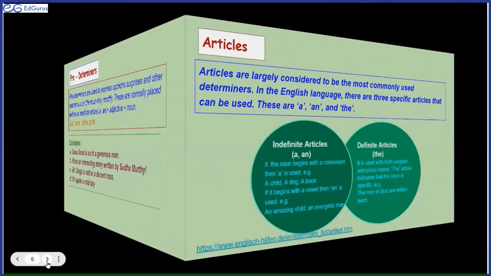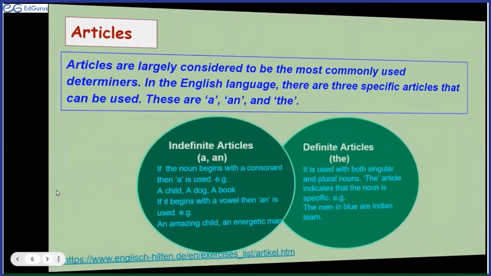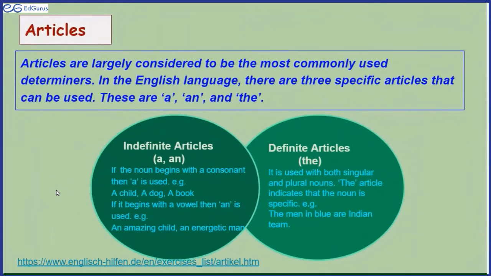Now the next type of determiners are articles. I think you have been learning about articles right from class 2 or 3 onwards. Articles are very important, largely considered to be the most commonly used determiners.